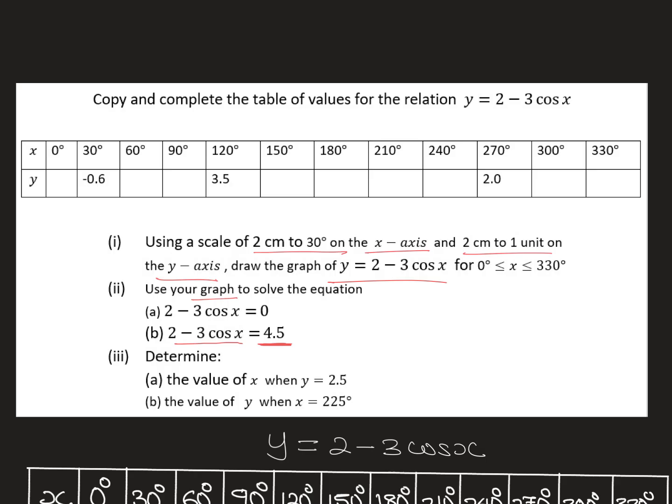Okay, moving on to question 3a, it asks us to determine the value of x when y is equal to 2.5. So we will go back to the graph and determine that.